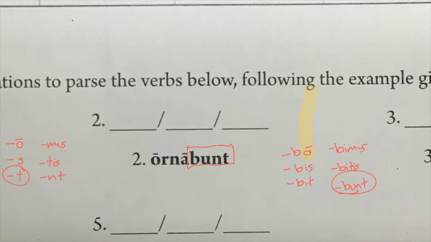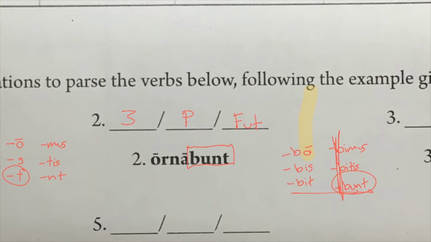Now, this particular ending is on the 3rd row, which makes it 3rd person. It is on the 2nd or the right-hand column, which makes it plural. And then these are all, of course, future tense endings. So we're going to write FUT right here for future tense.